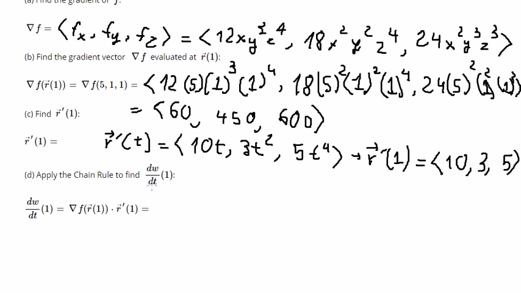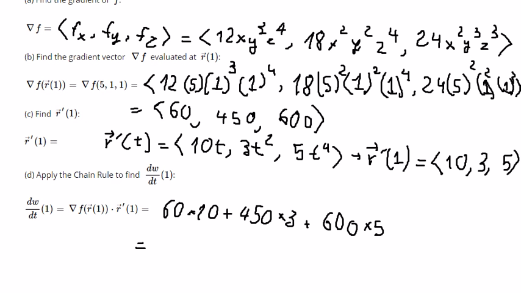Next, we apply the chain rule to find first the derivative of w over dt. So we have number 1 in here. Now we have number 60 multiplied with number 10 plus 450 multiplied with number 3, and the last one 600 multiplied with number 5, and we got the final answer.